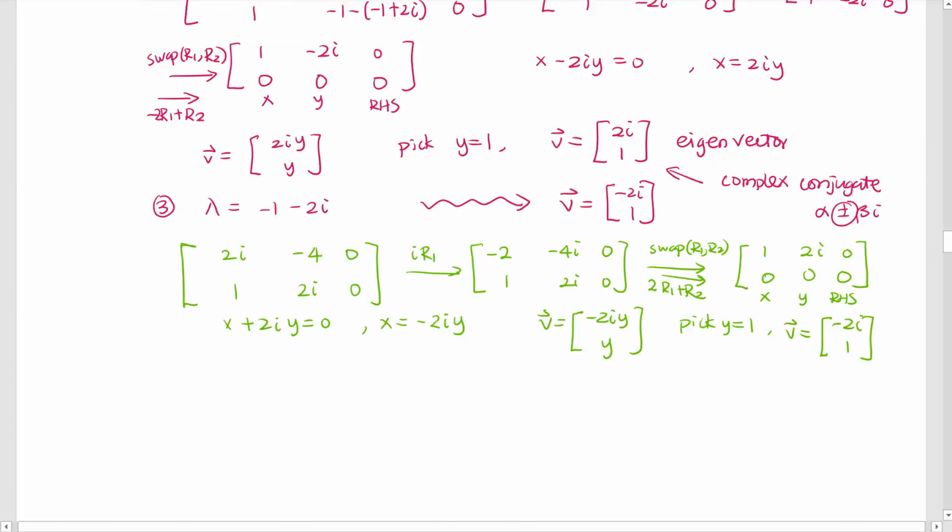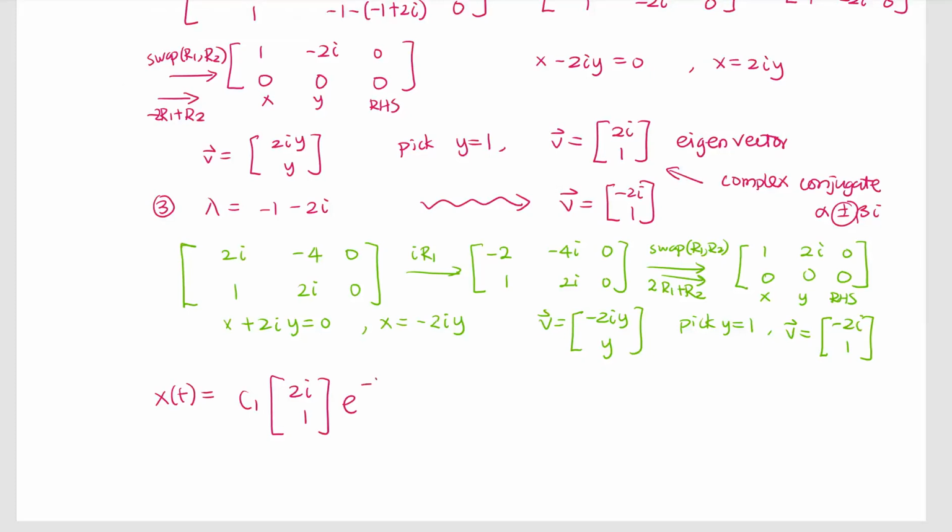The solution is, if we follow the solution we had before, it should be C1 times the eigenvector 2i, 1, times e to the eigenvalue, which is minus 1 plus 2i, t, plus C2 times the eigenvector times e to the eigenvalue, so e to the minus 1 minus 2i t.